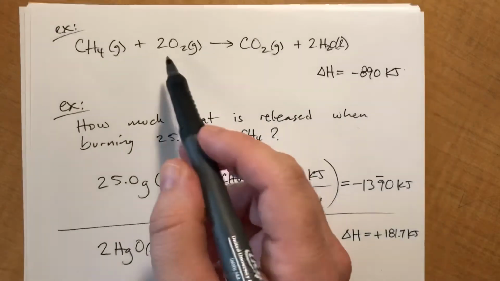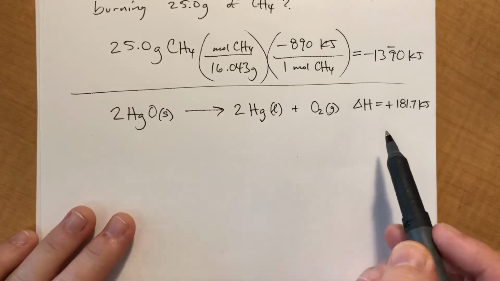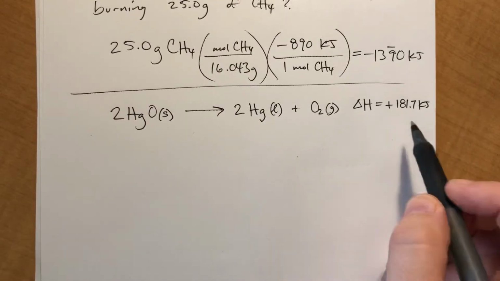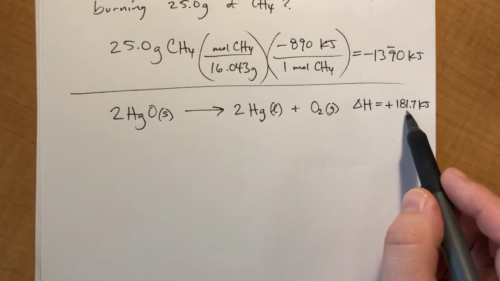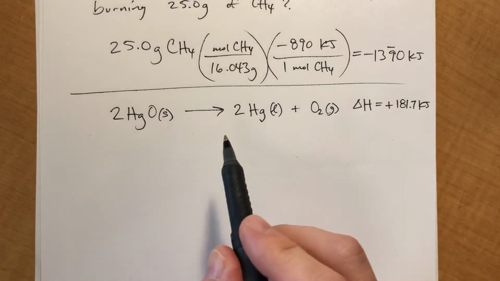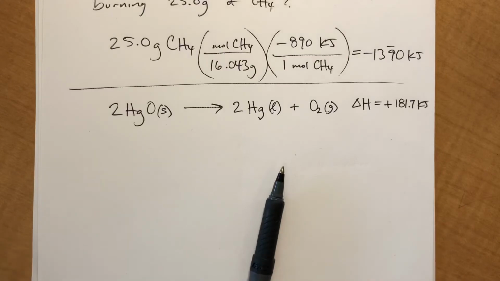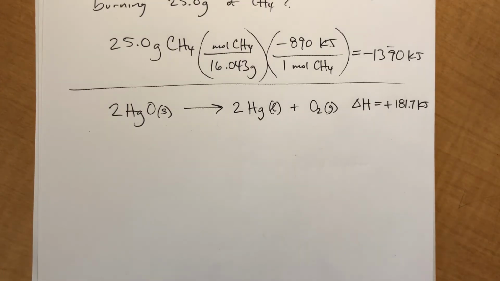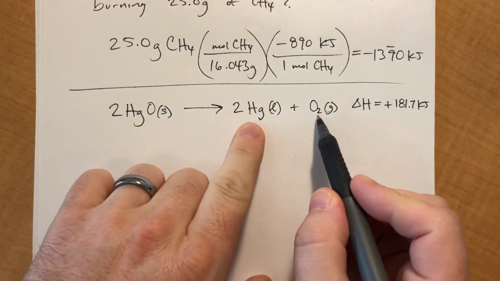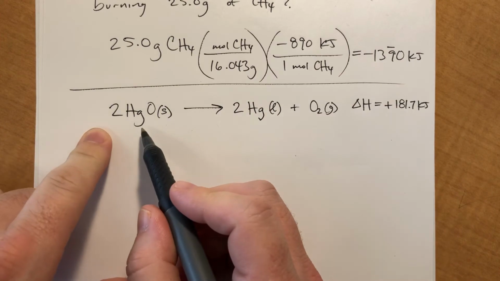Okay, this was an example of a combustion reaction. This is a decomposition. So what we're finding out is that it takes 181.7 kilojoules to decompose that. All right. But in theory, you could take these things and react them.